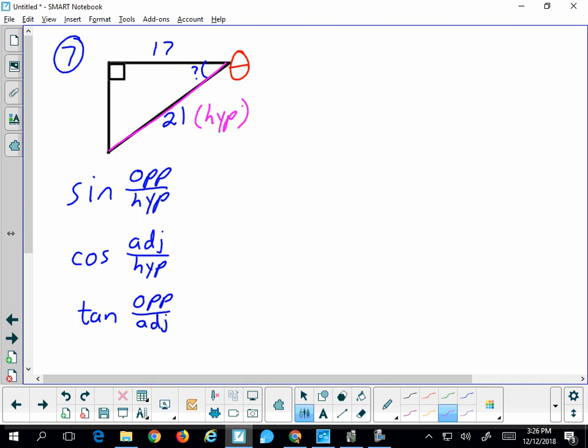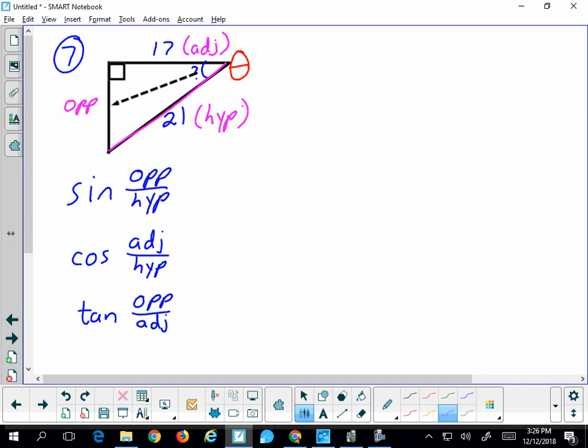So in this problem, my hypotenuse is given to me. The side across from your reference angle is your opposite side. And then the remaining side, the last one I typically label, is the adjacent side.